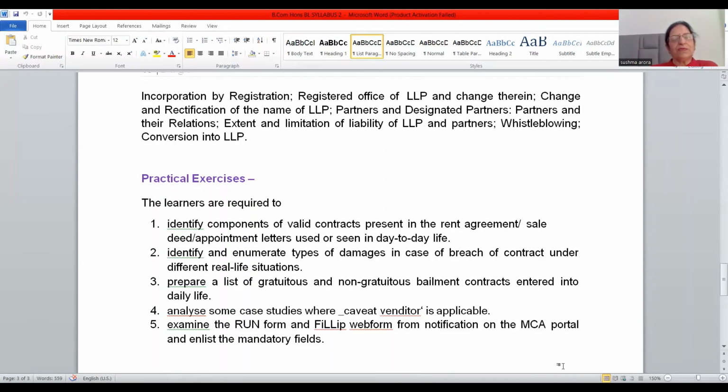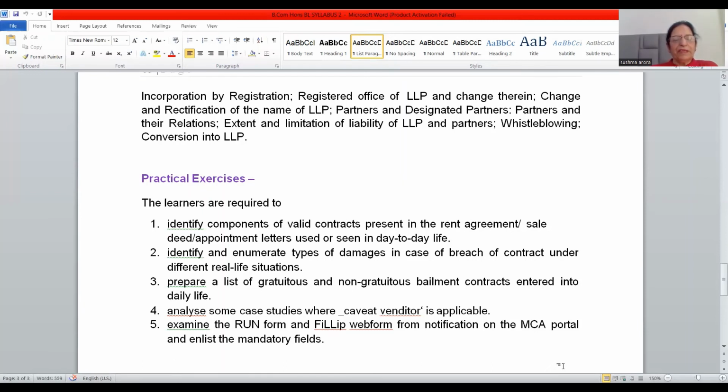Direct damages, they're also known as general damages. Then indirect damages, they're also known as special damages. Then nominal damages, and the last one is punitive, which are also known as exemplary damages.